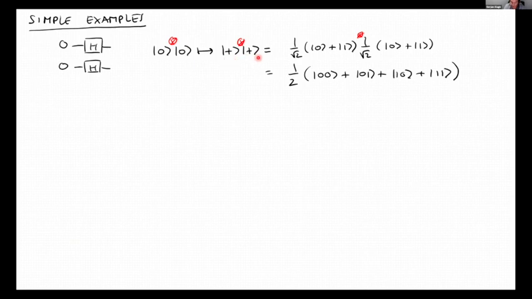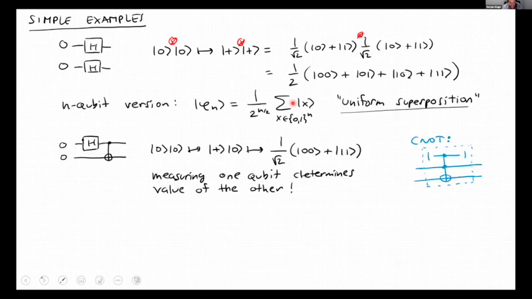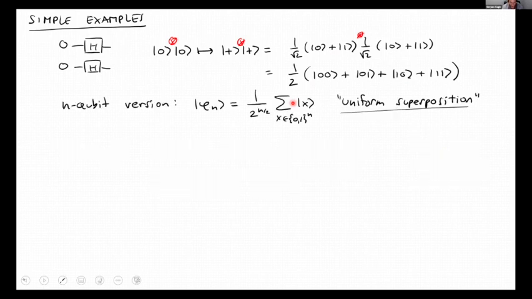Each of them becomes a plus. Here's what they are by definition. And now we use bilinearity to expand it out. Notice that every classical 2-bit value appears with equal amplitude. And then the n-qubit version of the same thing, it's easy to check, is just this uniform superposition state, an equally weighted superposition of all the bit strings.